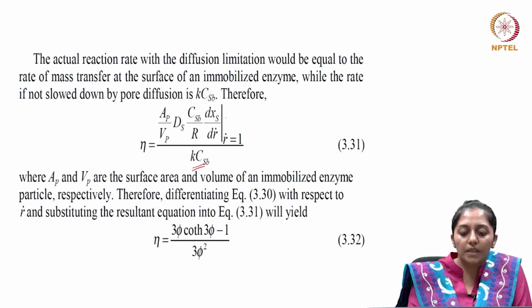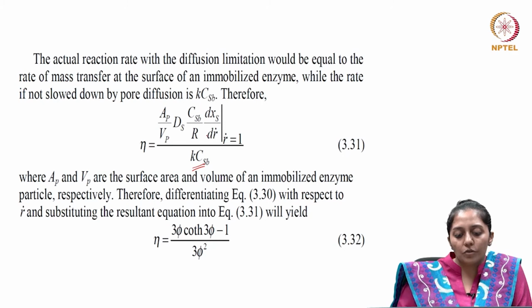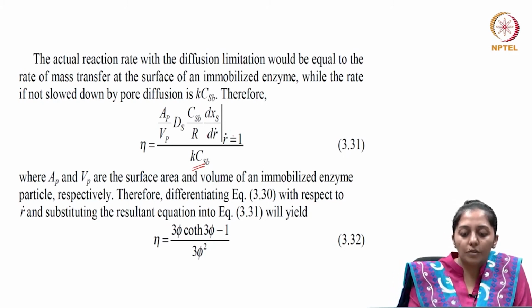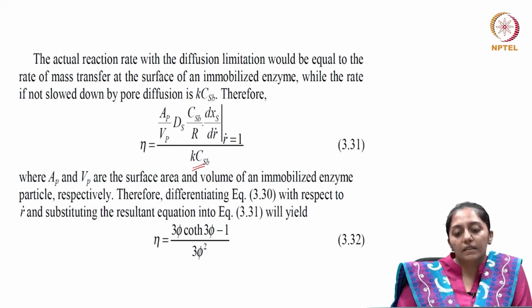So, we will be using Fick's law of diffusion, for the entire pellet we will be calculating. Therefore, the R dot value will be equal to 1, and we will multiply and divide dCs by dr with Cs_b and R, and then taking it inside the differential function, being a constant, and converting it into Xs and R dot form.